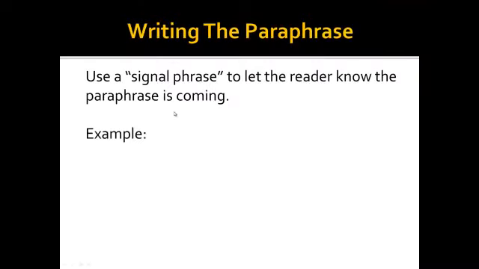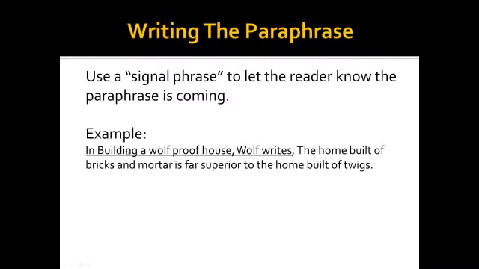When you paraphrase something, make sure you use a signal phrase to let the reader know a paraphrase is coming. It's not a bad idea to always use a signal phrase to let your reader know that you're going to quote something, but it's especially important when you're going to paraphrase something. Here's an example. This is something that we took from Wolf's book again. Now, we're writing a signal phrase here.